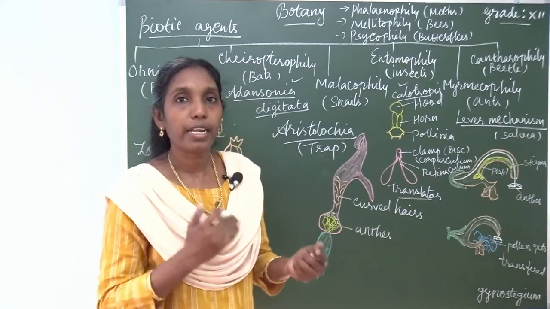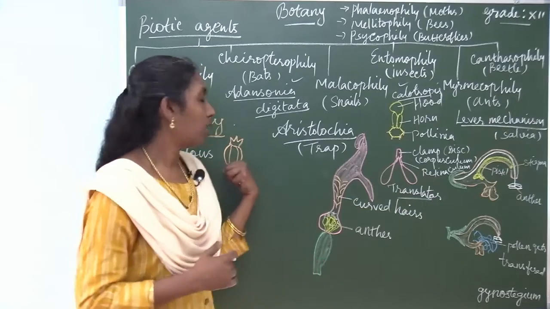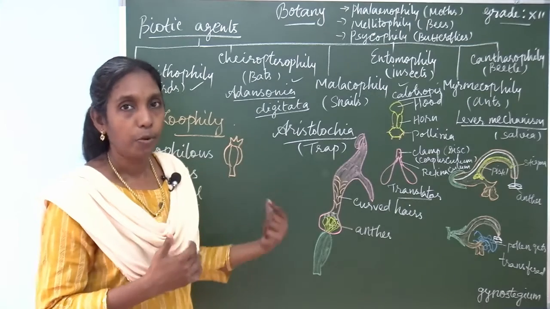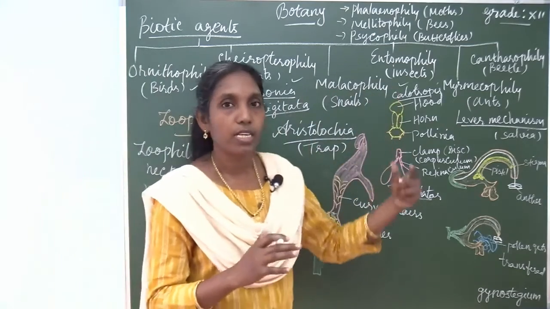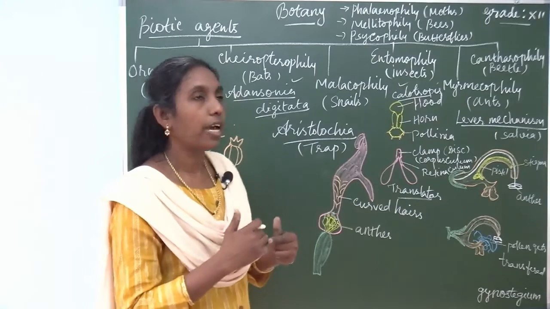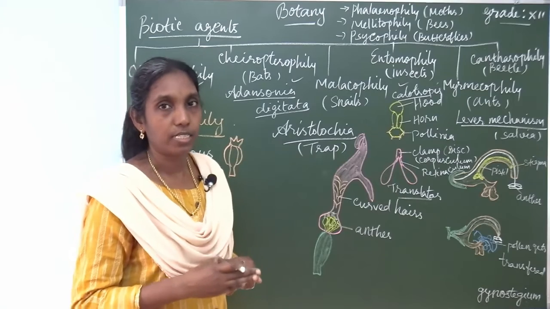So the nectar and the pollen are the reward for the visitors. Even in ornithophilous flowers, the reward for visitors is nectar and pollen. Here entomophilous flowers also reward with nectar, and the pollens are the reward of the visitors.